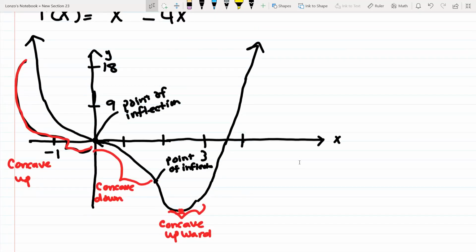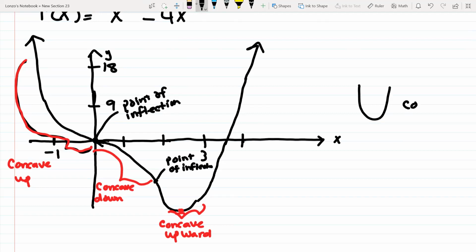With the second derivative, you could actually figure out where the graph is concave up, concave down, and a point of inflection. As you can see on the red, this section right here is concave up. Concave up is like this U shape, right?